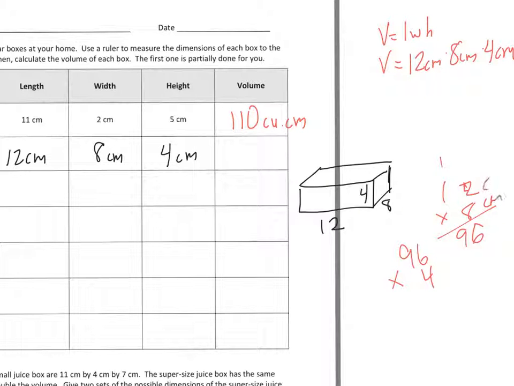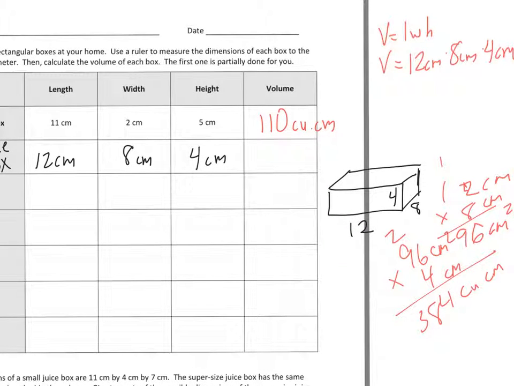I probably should have my units there, because it's not 96 centimeters, it's centimeters squared times 4 centimeters. So I get 384 cubic centimeters. So I slide back over and write that in, 384, and I'm going to write it centimeters cubed, and that's a fancy way to write cube, to the third power. Again, you'll learn more about that looking forward into next year.